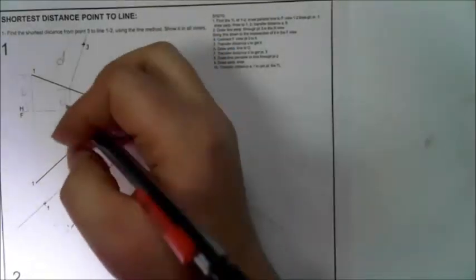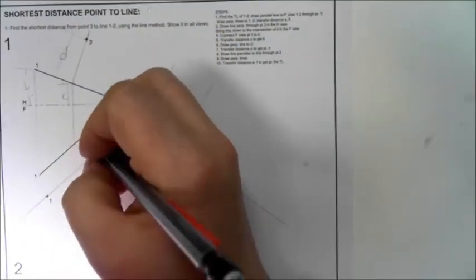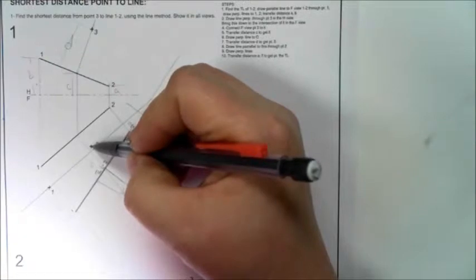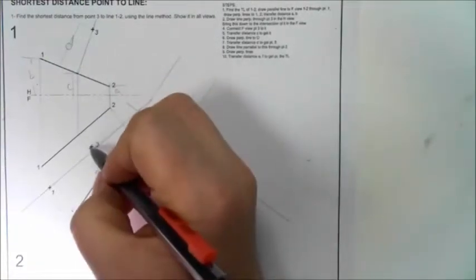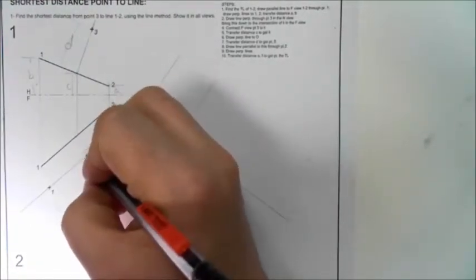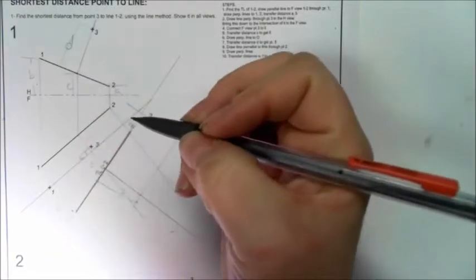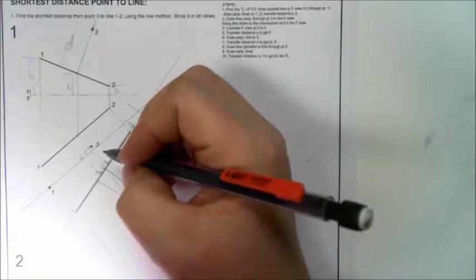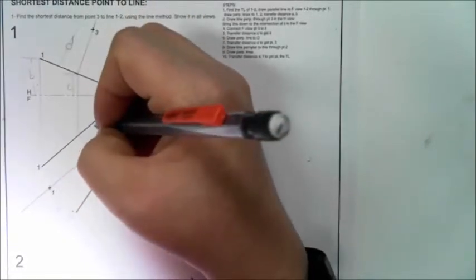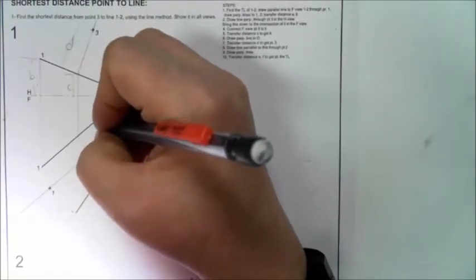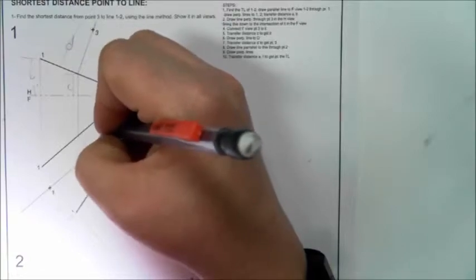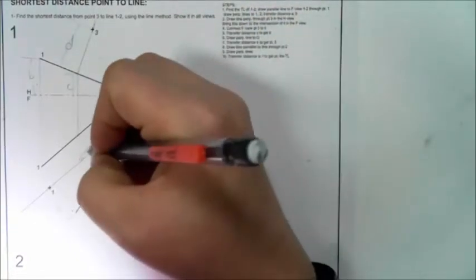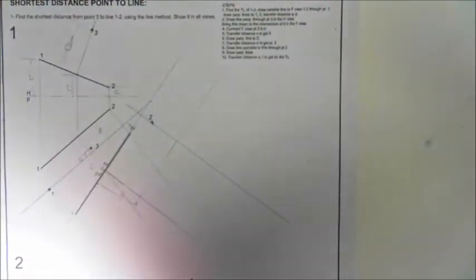Little e is the distance from 3, that point 3 to here. So we need to find the distance right there is little e, okay? And then we need to find distance f, which is going to be the distance from this edge to here, f. So little e and little f, we need to find those because we're going to transfer that.